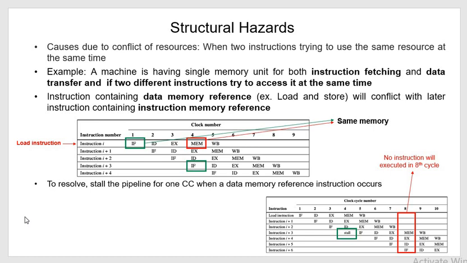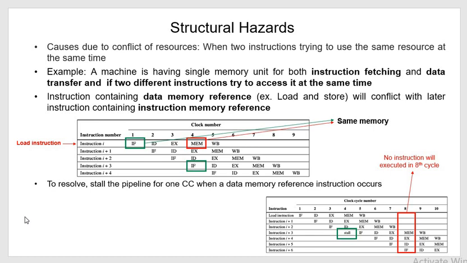But if for any reason the units are not completely synchronized, then a sequence of instructions using that unpipelined unit cannot proceed at the rate of one per clock cycle. Another common way a structural hazard appears is when some resources have not been duplicated enough to allow all combinations of instructions in the pipeline to execute.